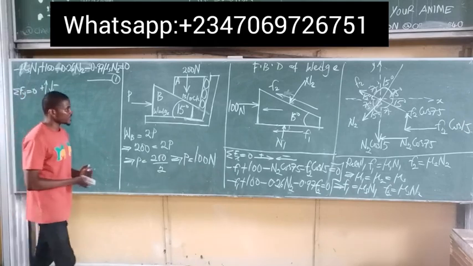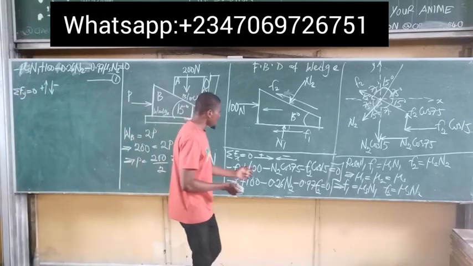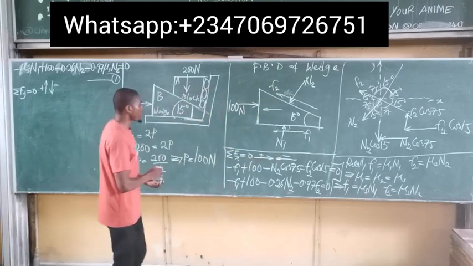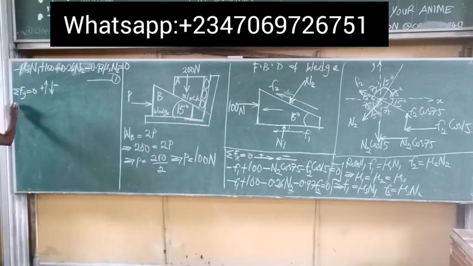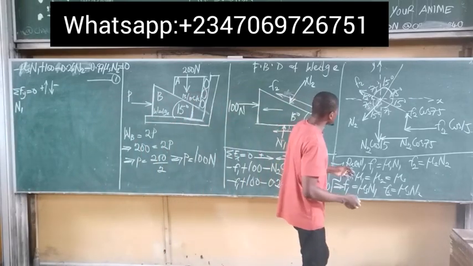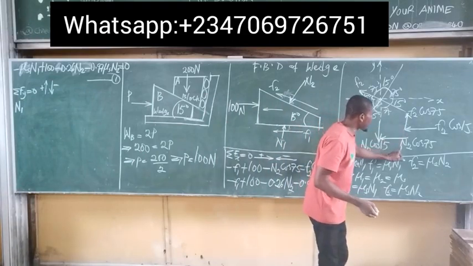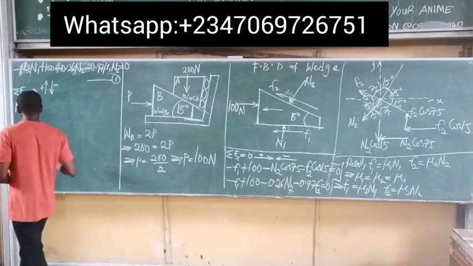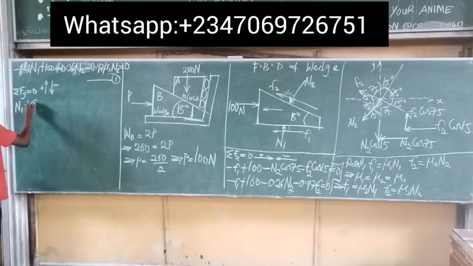So we assess the wedge again. I have n1 pointing upwards on this wedge, so it's positive, n1. I also have f2 cos 75 pointing upward, so it's positive, plus f2 cos 75.